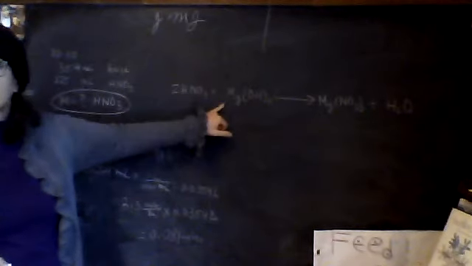Now, how many moles do we use? It's 2 to 1, right? So this is going to be twice the number of moles, right? So we're going to multiply this by 2 to figure out how many moles of HNO3 we are using. Okay.